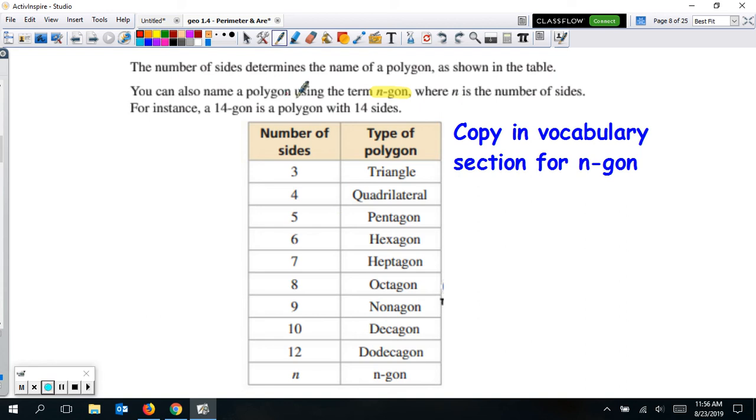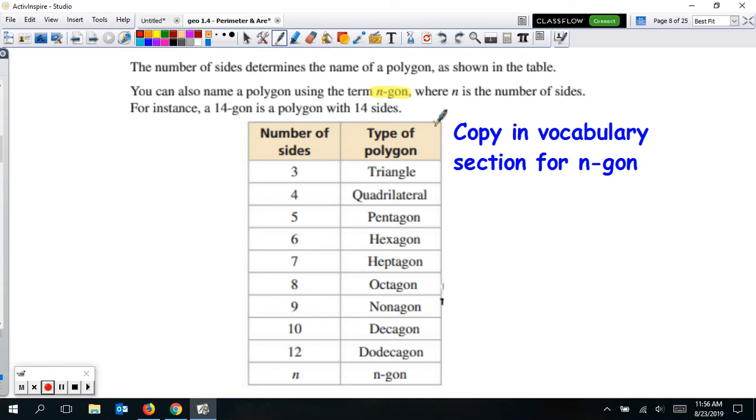Now you can also name a polygon using the term n-gon, where n is the number of sides. For instance, a 14-gon is a polygon with 14 sides. As you notice, we only really have names up until 12 sides. Past 12, we would just call it whatever number of sides it has, then gon.